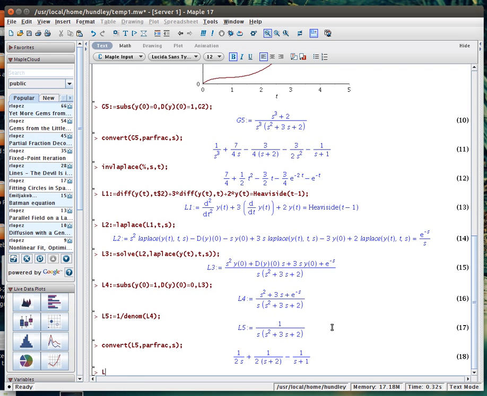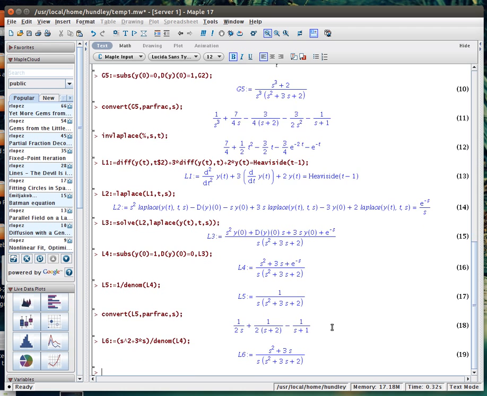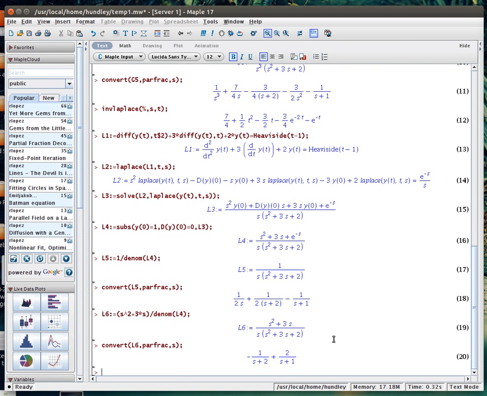Then for the other piece, that was an s squared plus 3 times s, and then divided by the denominator of L4. And now I can convert that as well. Let's see, that's L6 par frac. And now it's easy to see what form this is going to take when you do the inverse Laplace.